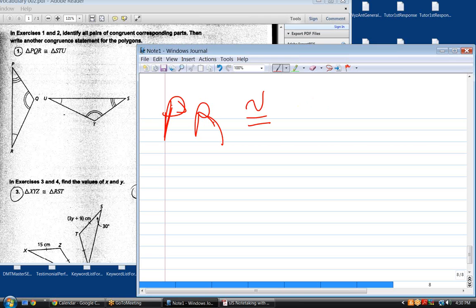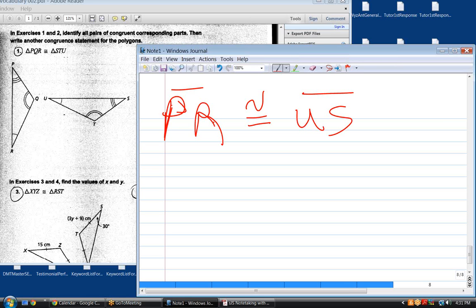What's opposite angle T? US. Yes. And that's a huge part of geometry, is that the side opposite the equal angles are also equal if the two triangles are congruent. We only know they're congruent because they tell us that it is.